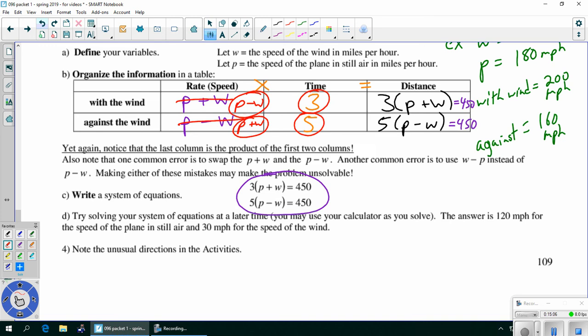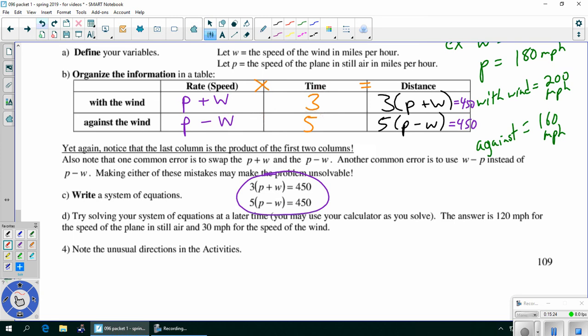So it can't possibly be 3 hours for the P minus W. So you got to be really careful. You are putting the smaller time value, that is the quicker trip, you better put that with the wind rate of speed, which is always the plus between your two variables.